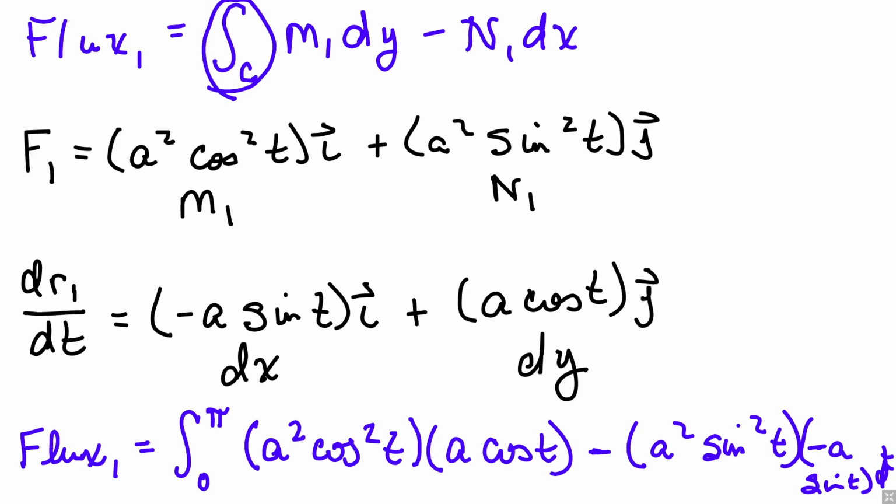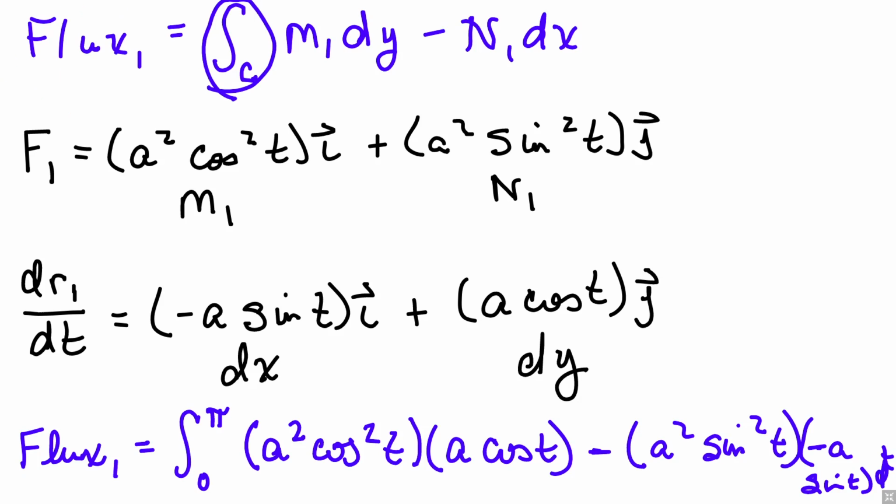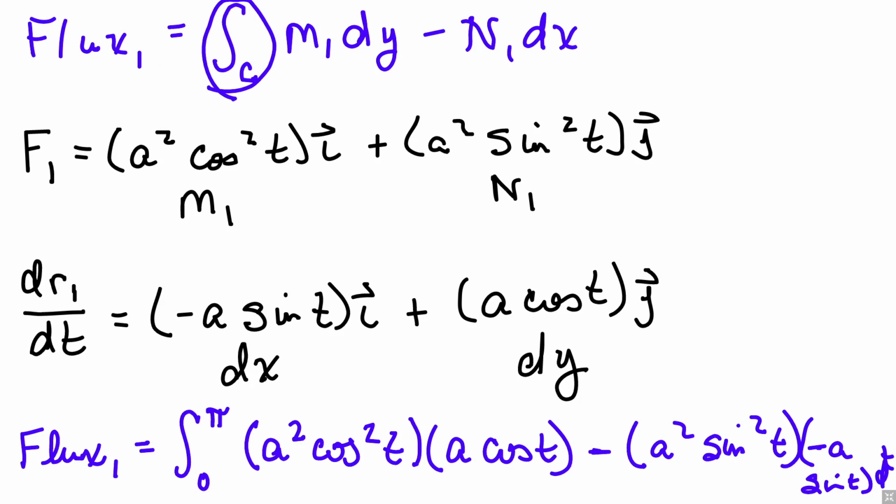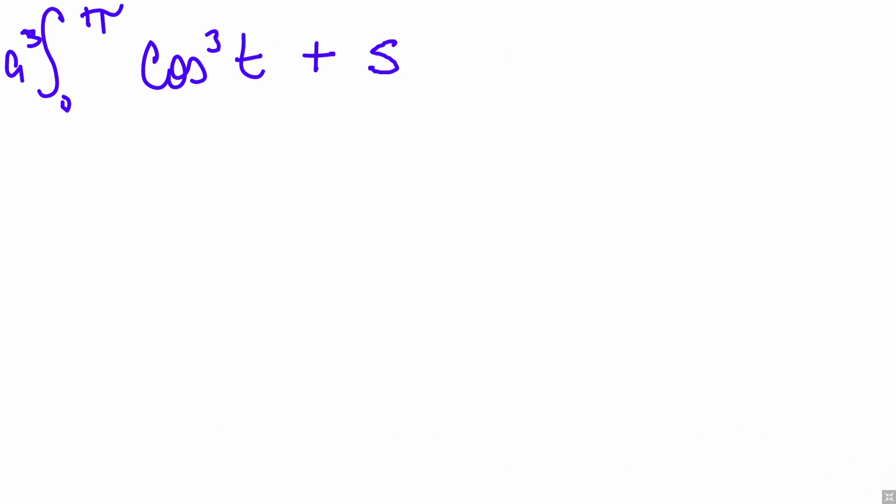So a cubed is a constant. What I'm left with is cosine cubed t, and it's going to end up being plus because of the negative and a negative here, and then we're going to have sine cubed t dt. Any questions there?